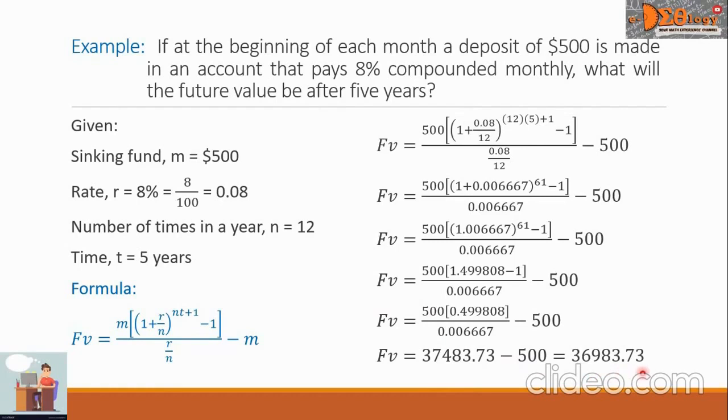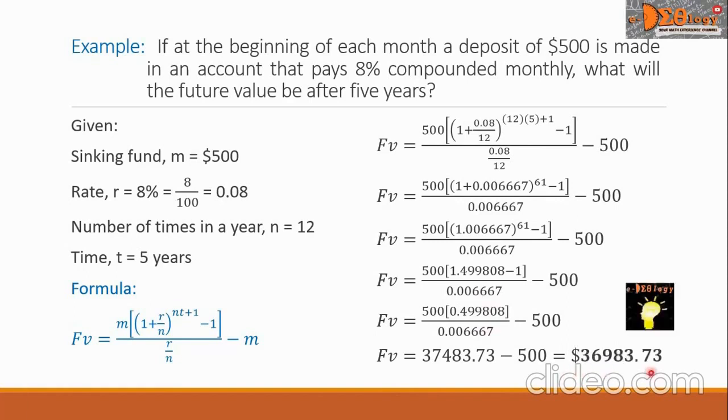There is a slight difference with the decimals from our textbook because of the rounding off. So this is now our final value, and of course we will write our dollar sign. This is our final answer.